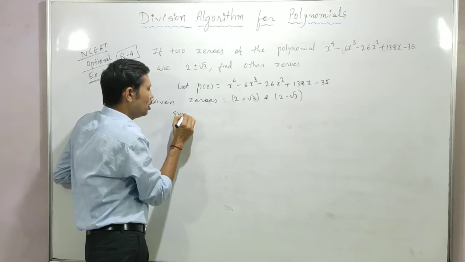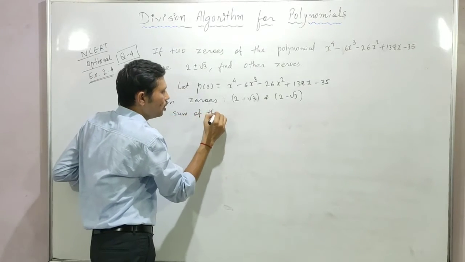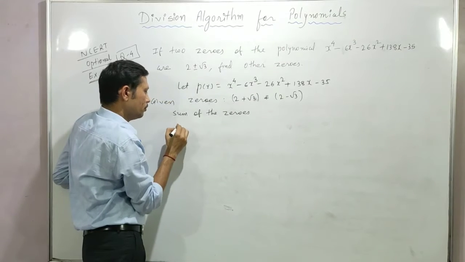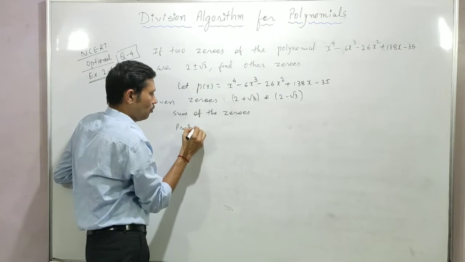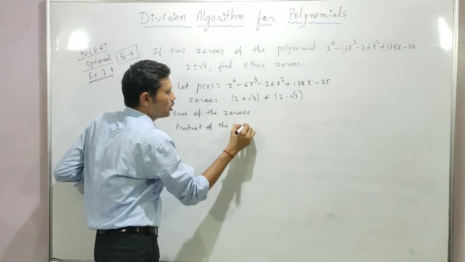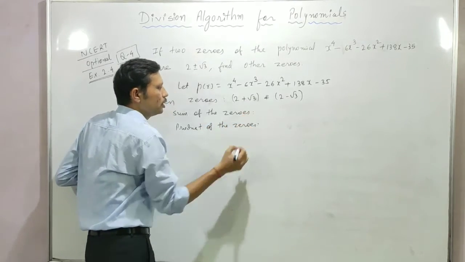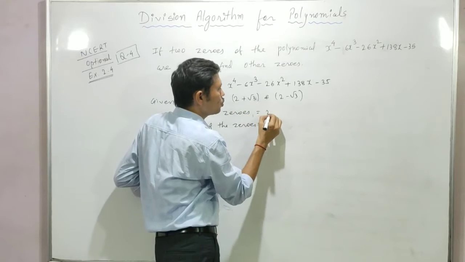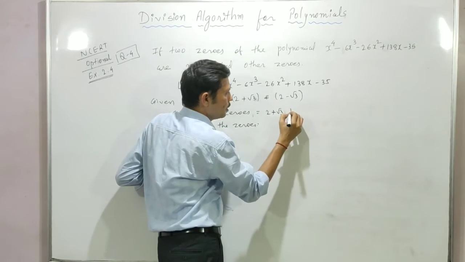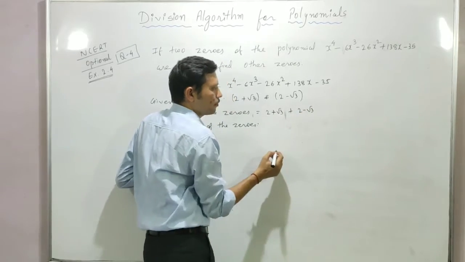Now we will calculate the sum of the zeros and the product of the zeros. The sum of the zeros is 2 plus root 3 plus 2 minus root 3.